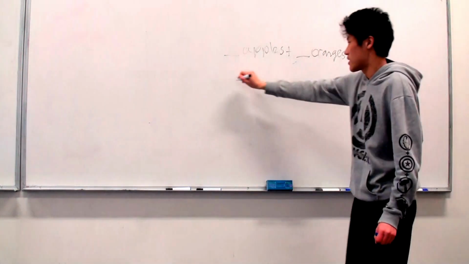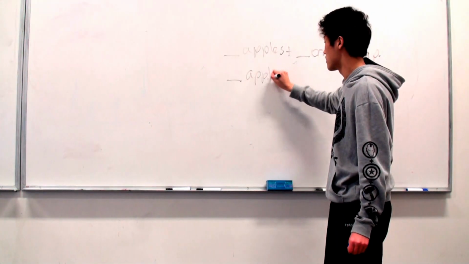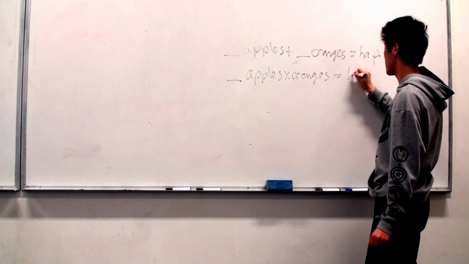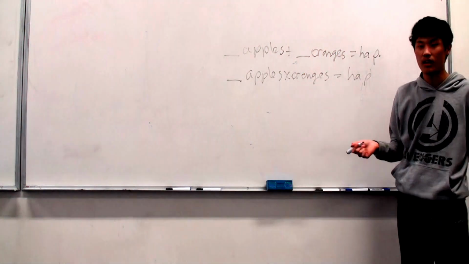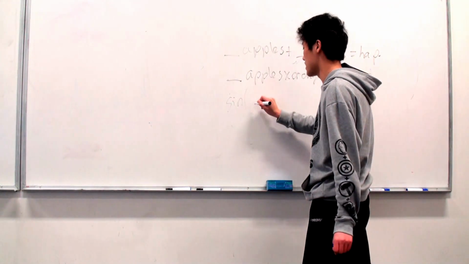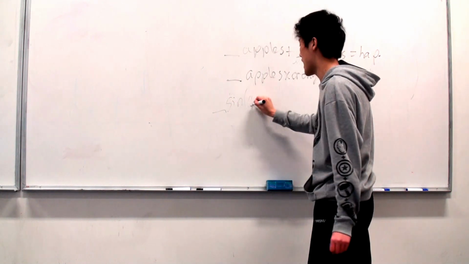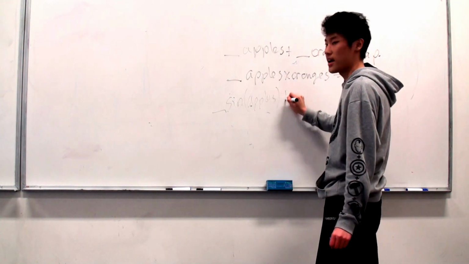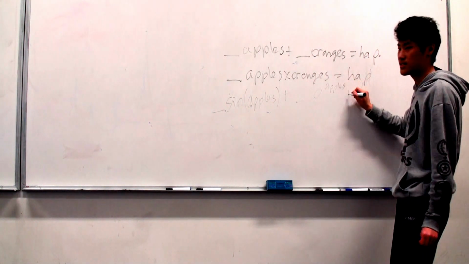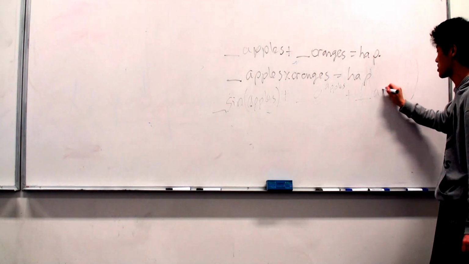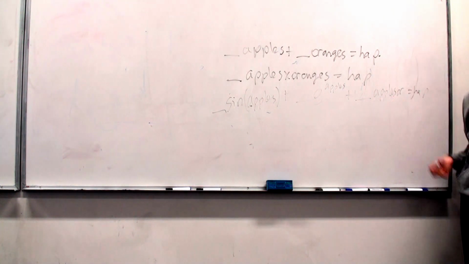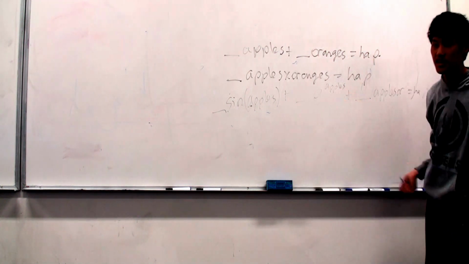Sometimes it could be something times apples times oranges equals happiness. Or it could be the sine of apples plus the exponential of the apples plus something, like apples times oranges, equals happiness. It could be all of this. So how do we do this inside the equation?